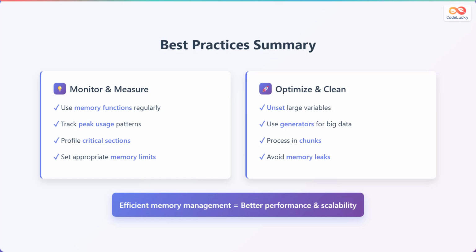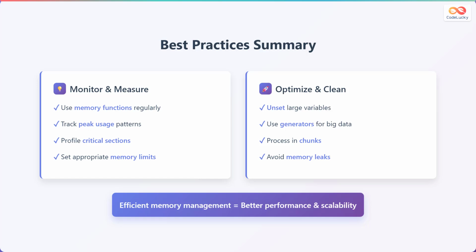Let's recap the best practices for PHP memory management that we've covered. First, monitor and measure memory usage regularly with PHP's built-in functions. Track peak usage patterns to identify potential memory spikes. Profile critical sections of your code to pinpoint memory-intensive areas. And set appropriate memory limits to prevent excessive memory consumption.